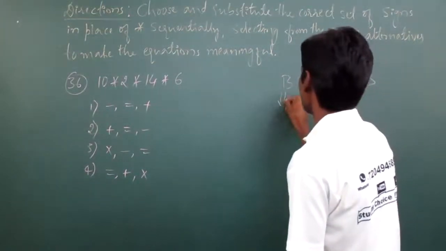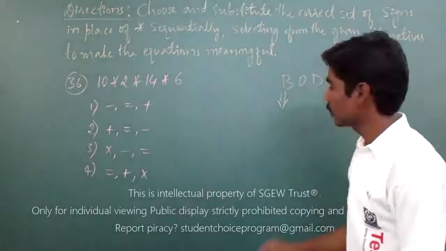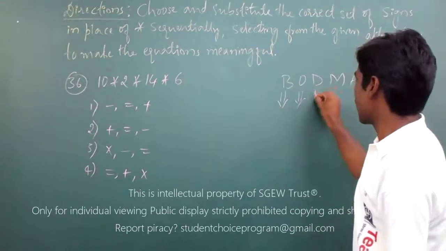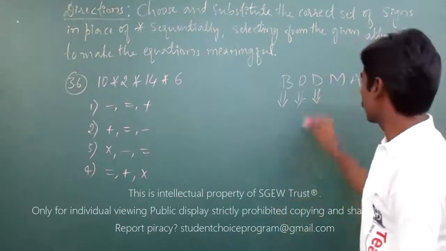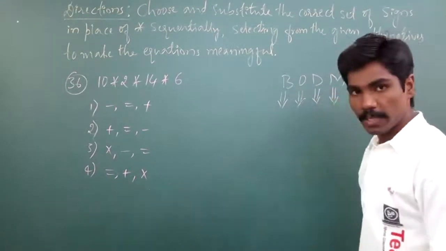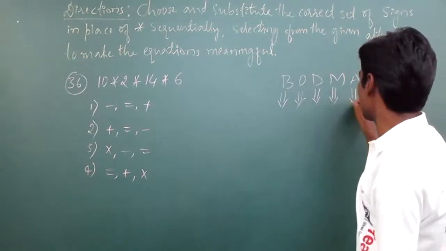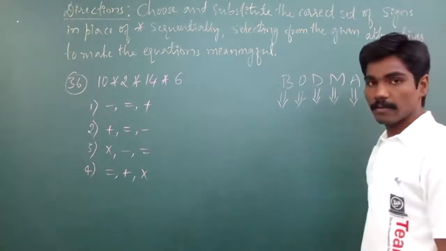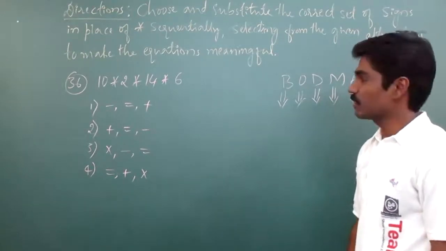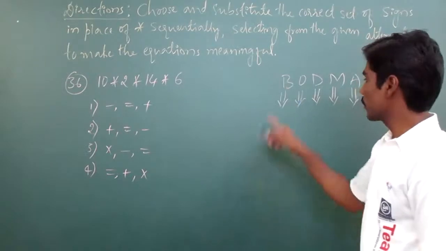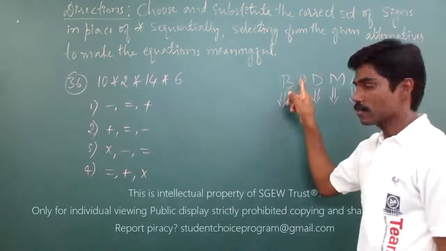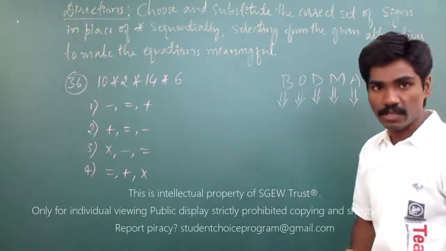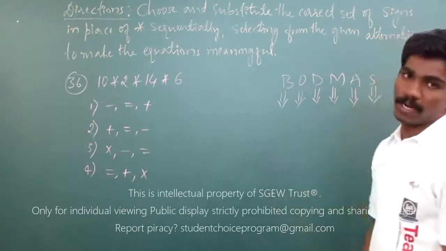B stands for bracket, O stands for of or powers, D stands for division, M stands for multiplication, A stands for addition and S stands for subtraction. So whenever you come across such problems, first solve the brackets, then powers, then division, then go for multiplication, then addition and lastly subtraction.